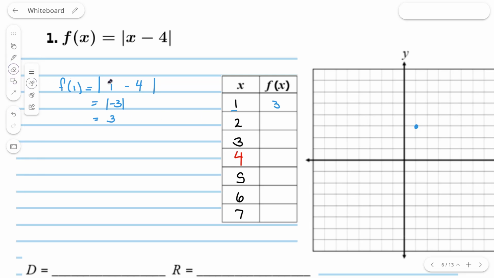Now I'm going to do the same thing, but this time I'm going to plug in a different number. My next number is a 2. So 2 minus 4 is -2. Absolute value of -2 is 2. So at 2, 2 is my next ordered pair.